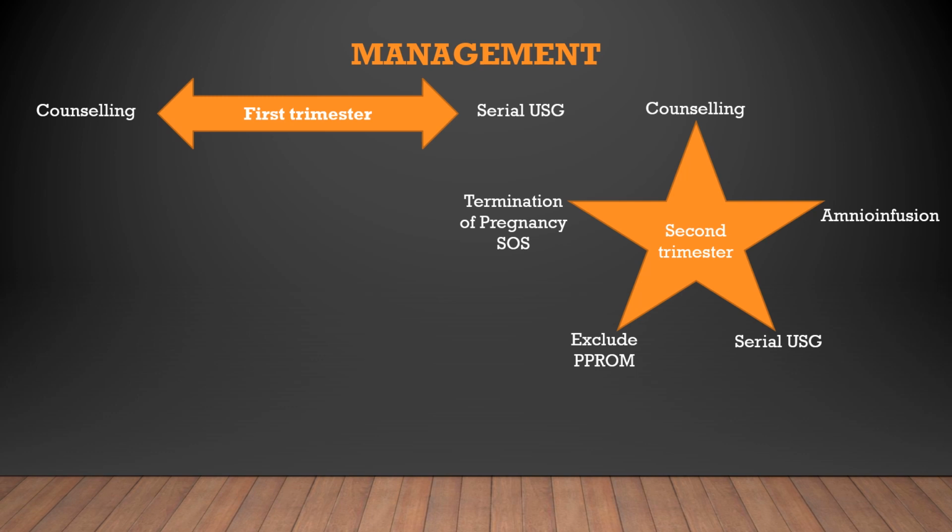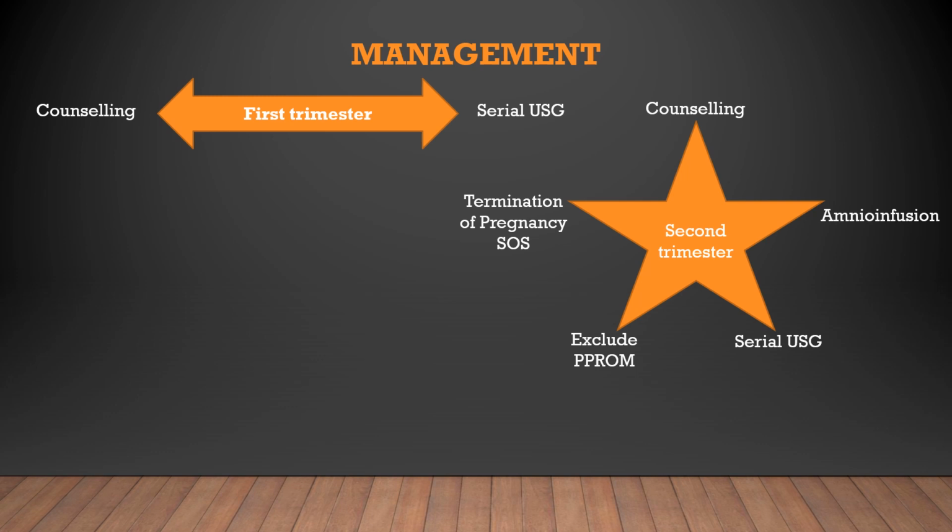In counseling, mainly we will tell how to take care, how to increase the amniotic fluid, how to be healthy, or how to produce a healthy baby. We have to tell the mother about diet, hydration, and protein rich diet. In amnio infusion, we infuse fluid into the mother's womb, directly intra-abdominally or cervically, but it is performed less commonly nowadays.